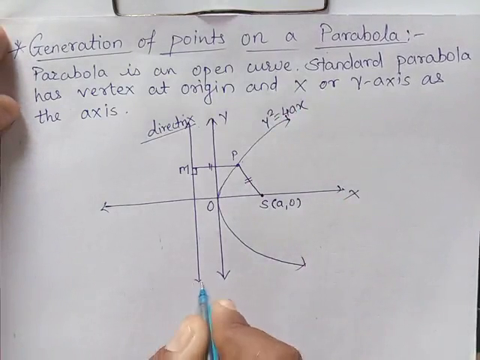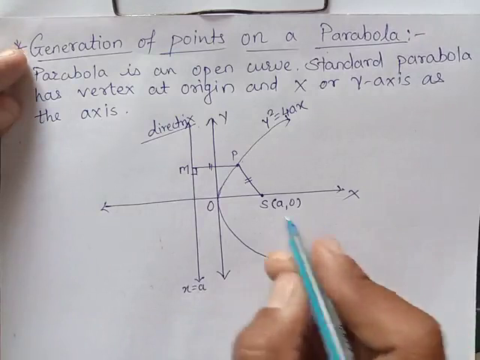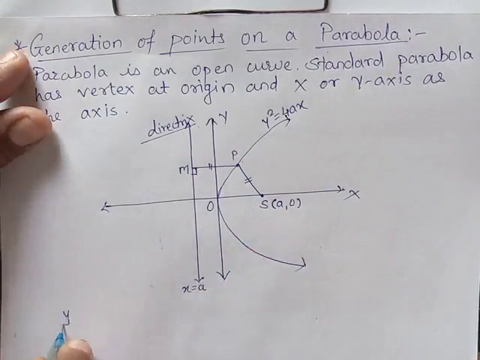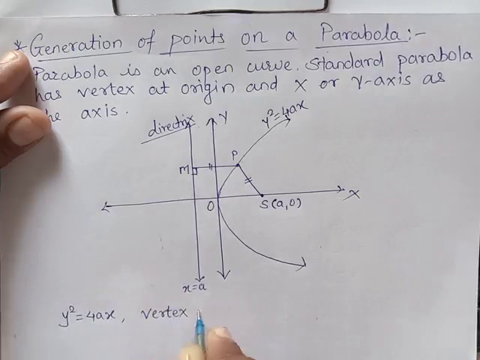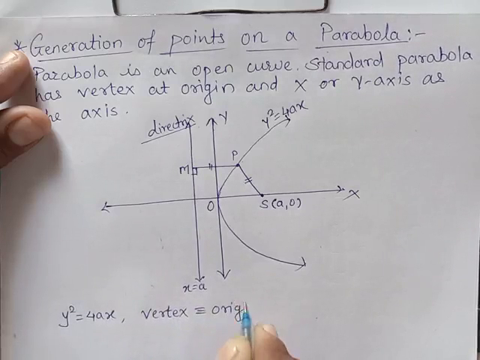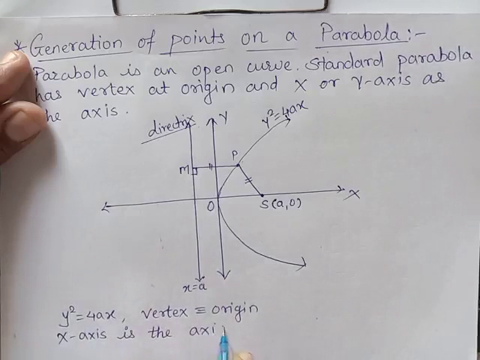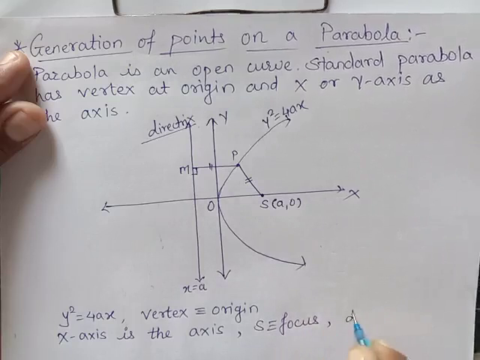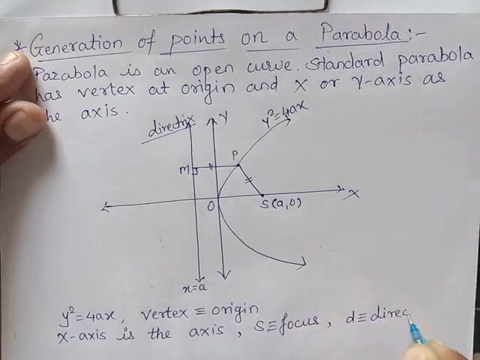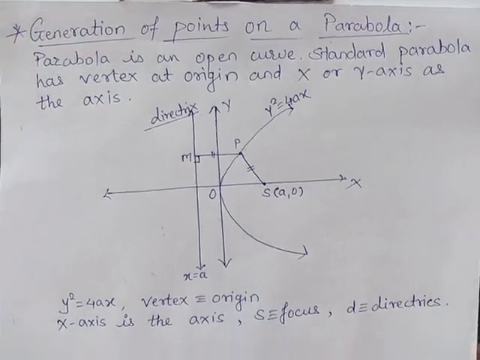And this directrix has the equation x equal to minus a. Here y square equal to 4ax, vertex at origin, x axis is the axis. S is the focus and D is the directrix.